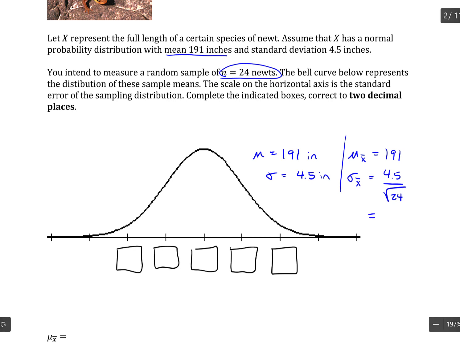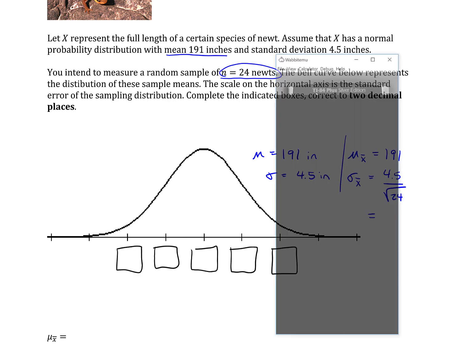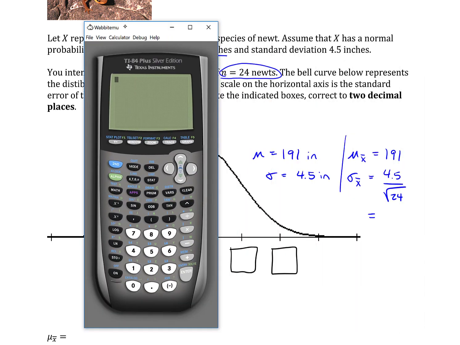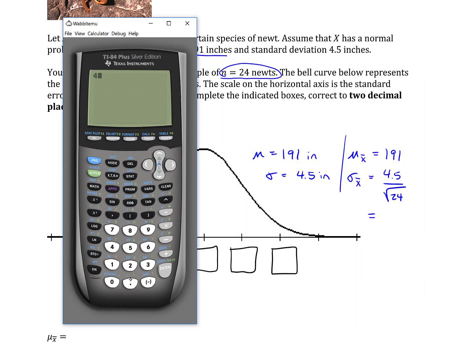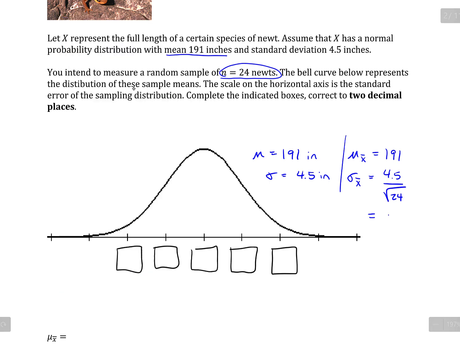So when we put that into the calculator, we get an approximation of 4.5 divided by the square root of 24 comes up to 0.92. And I'm just going to use 2 decimals, but follow any rounding rules that are given in your problem.